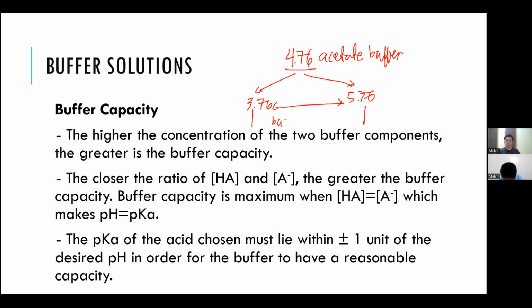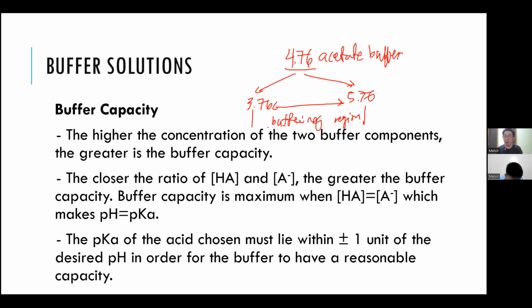This is the buffering region of your acetate buffer. So if your target pH is within this buffering region, we can use acetate buffer. But if your target pH is 7, you cannot use acetate buffer because beyond 5.76, it is not a buffer anymore.